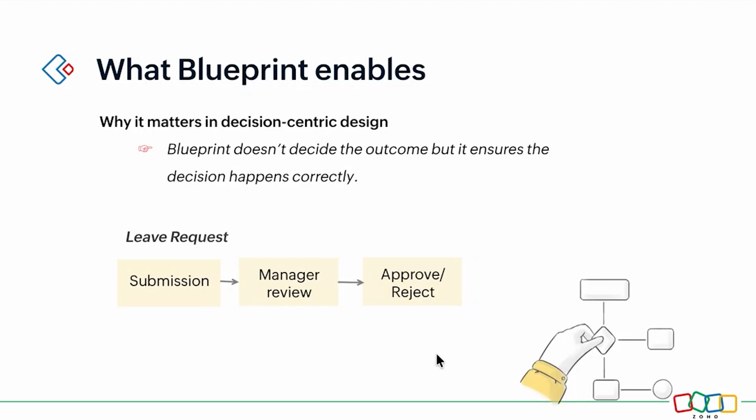Here, the decision process cannot skip a stage, because without submission the manager cannot review, and without the manager's review we cannot get the approval or rejection status. So there should be an order in which the decision progresses. We can manage that order within the blueprint feature available on the Zoho Creator platform.